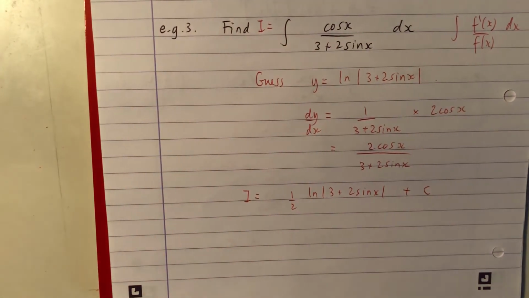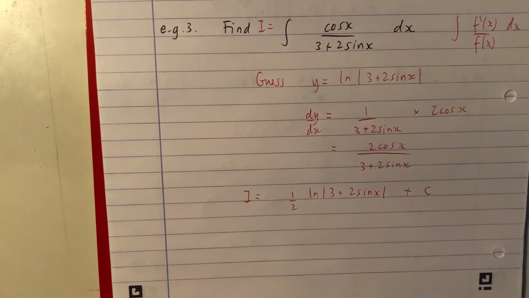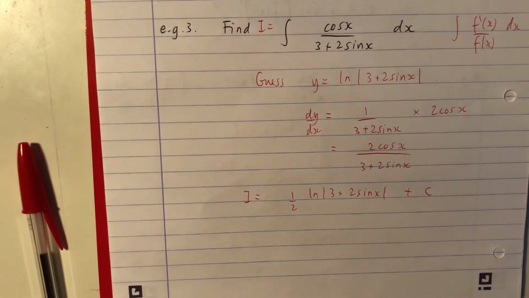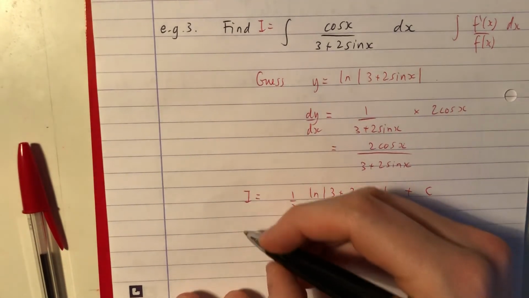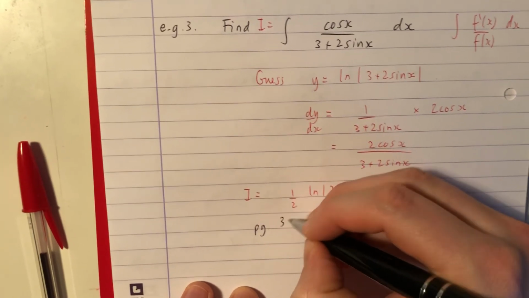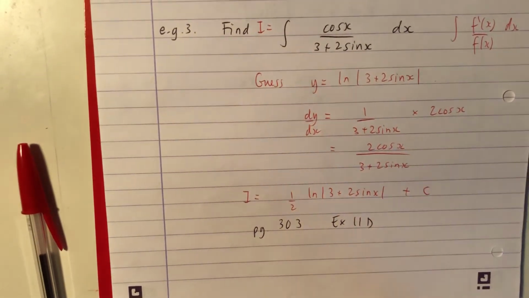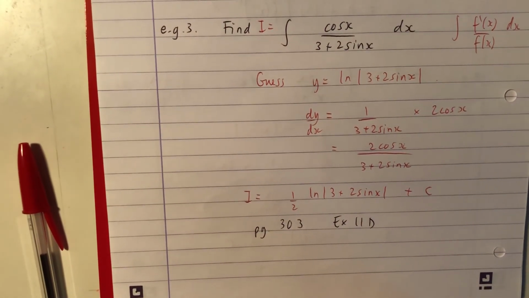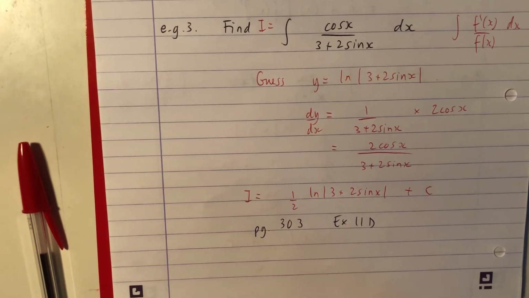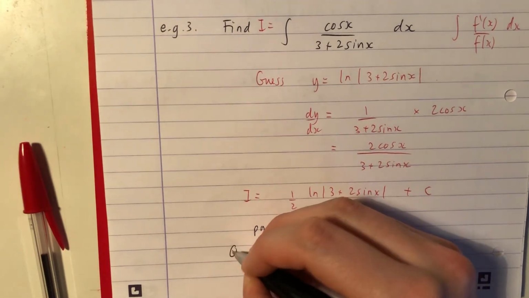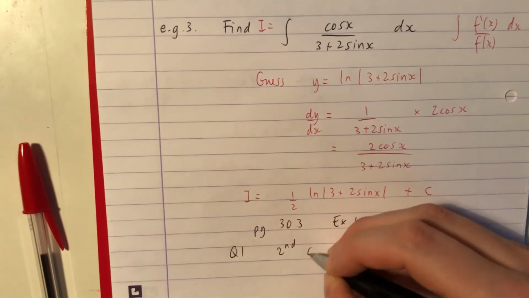Plus C. Now this is a double lesson, so this is the first half. I'm going to do some more examples in the next video. But the questions I'd like you to try right now are on page 303, exercise 11D, and you're going to try question 1, second column.